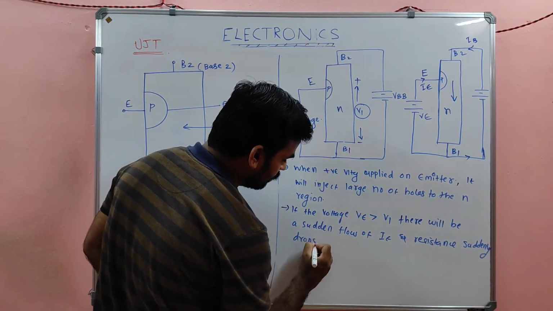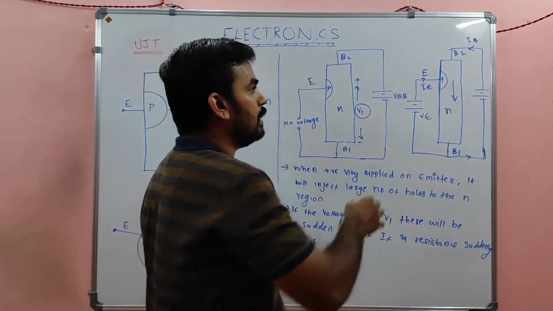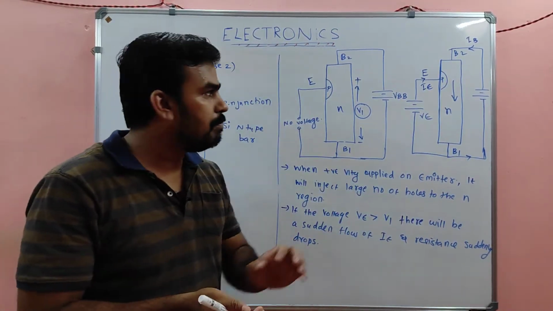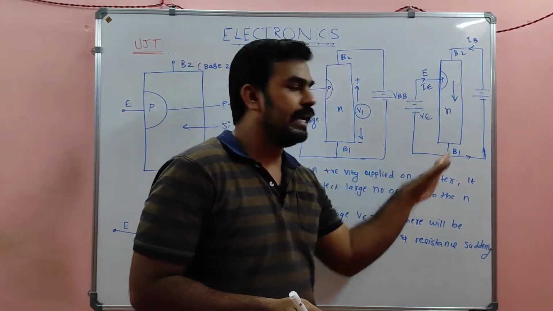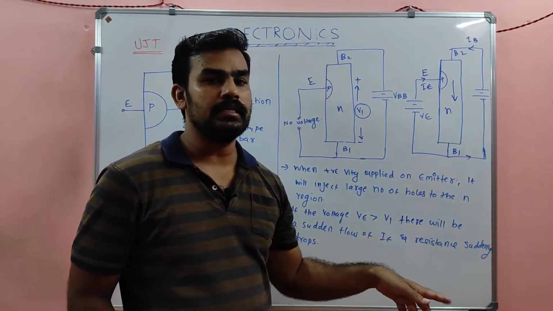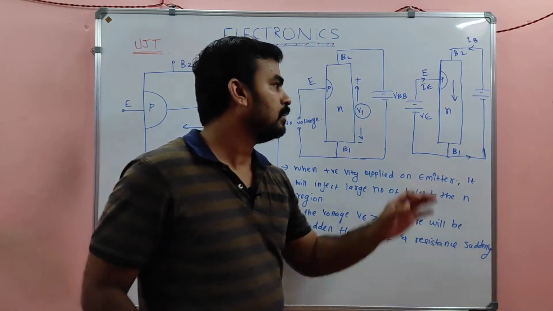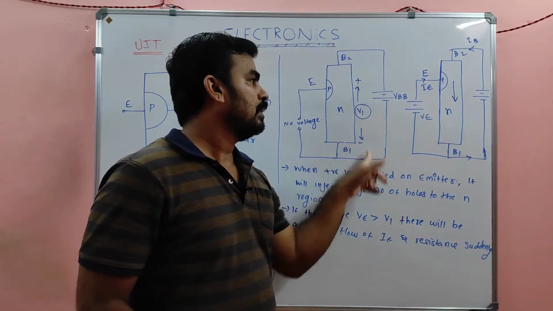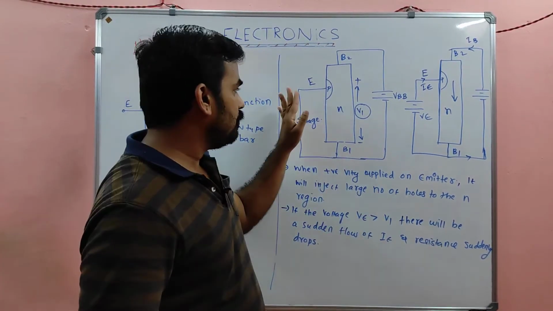What does it mean? Suppose we are applying a positive voltage here in P, more holes will be injected into the N region, and we keep increasing the voltage V sufficiently such that V is greater than the voltage drop across the N bar before V is applied.